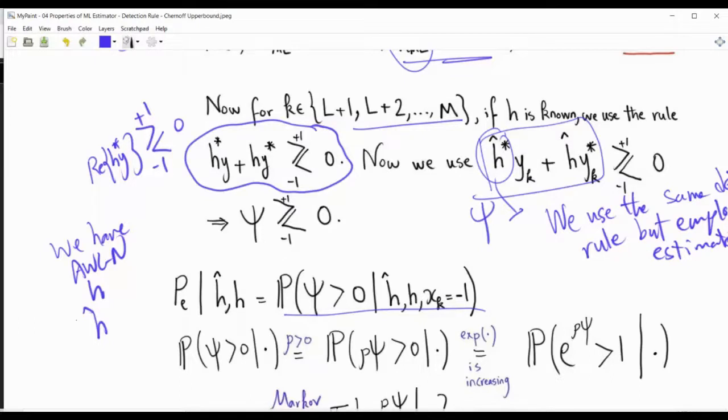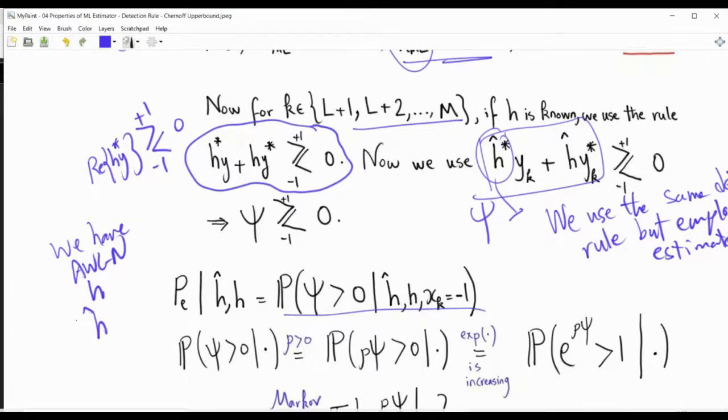So we will start by fixing, or conditioning on, H and H hat, and we will compute the probability of error. And so, probability of error due to what? Due to the Gaussian noise. And then after that, we will do the averaging.